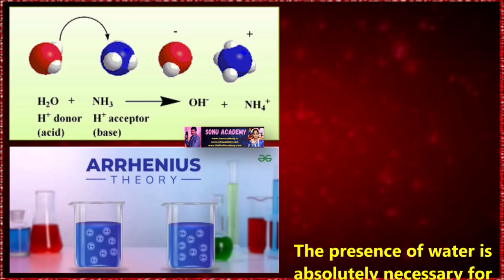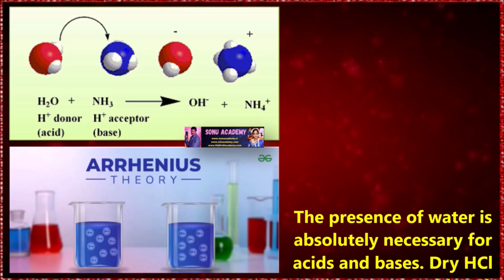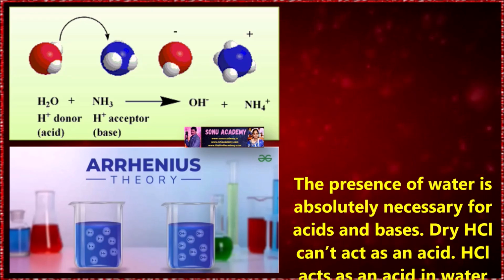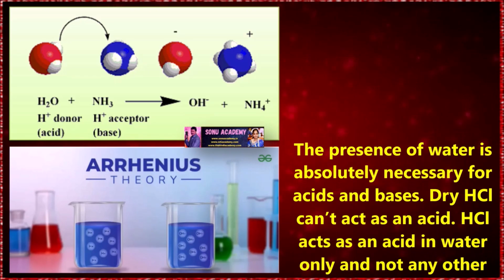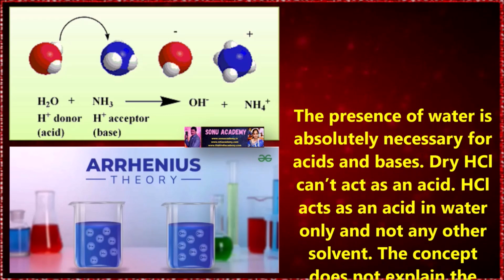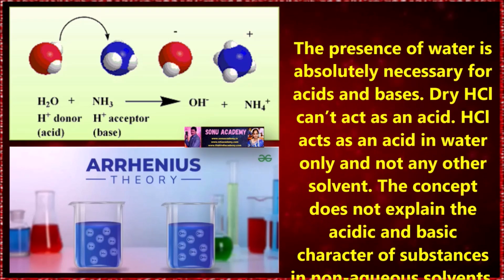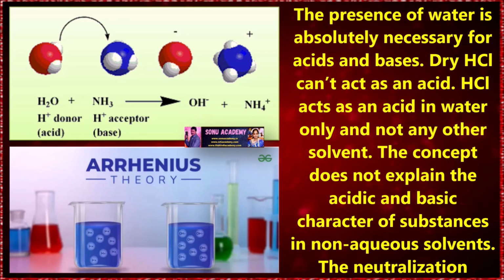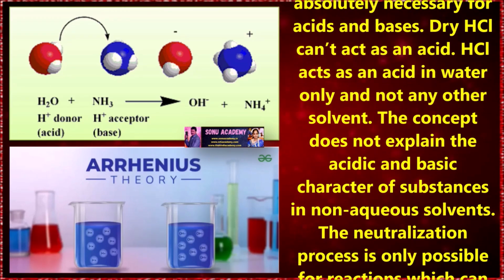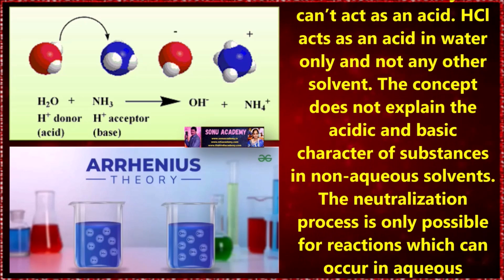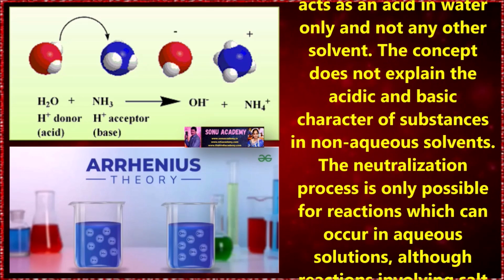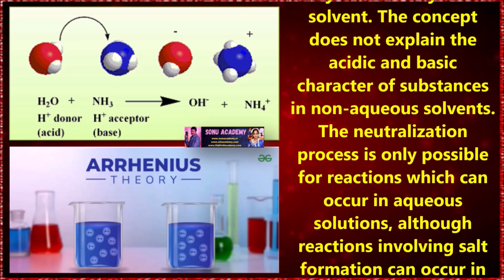Now let us discuss the limitations of the Arrhenius concept. The presence of water is absolutely necessary for acids and bases. Dry HCl cannot act as an acid. HCl acts as an acid in water only and not in any other solvent. The concept does not explain the acidic and basic character of substances in non-aqueous solvents.